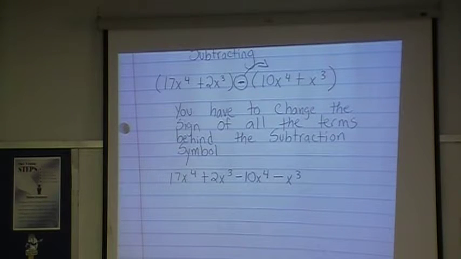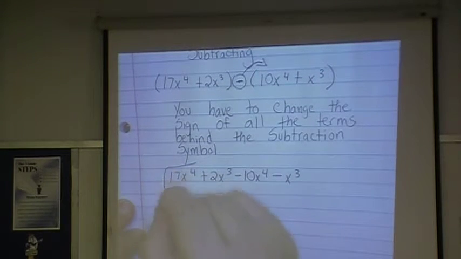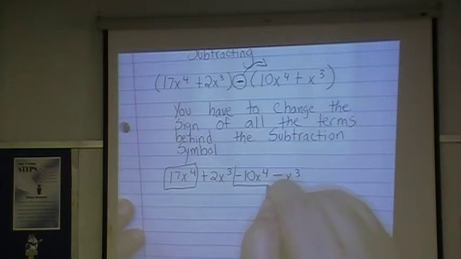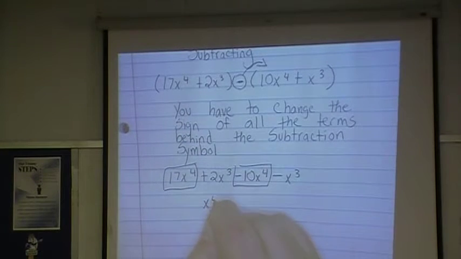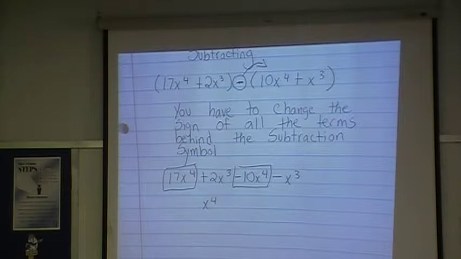Now when you do this, you're just going to have a line of terms. And all you are doing at this point, once you rewrite your stuff, is combining your like terms. I'm going to have an x to the 4th in my answer.